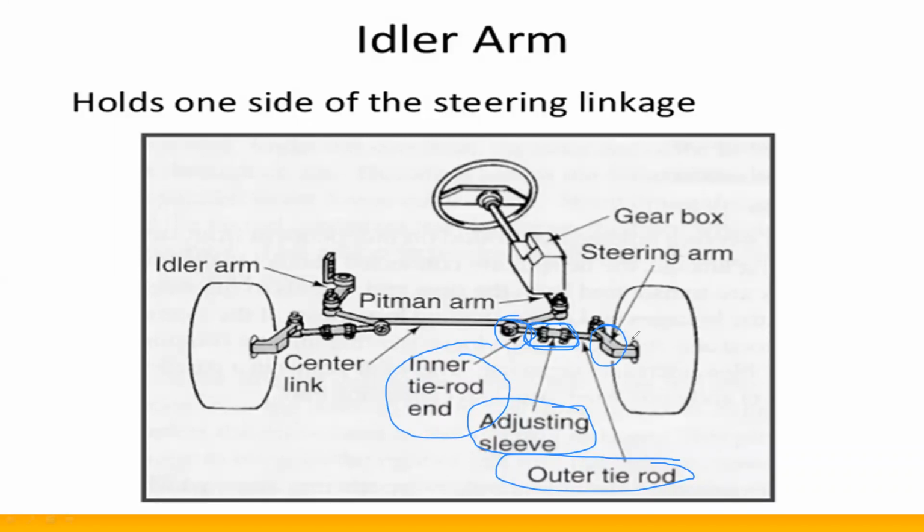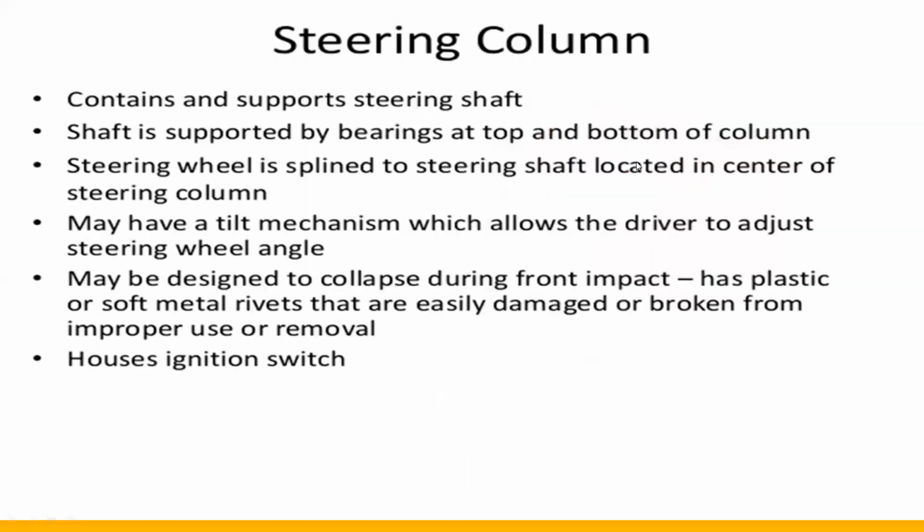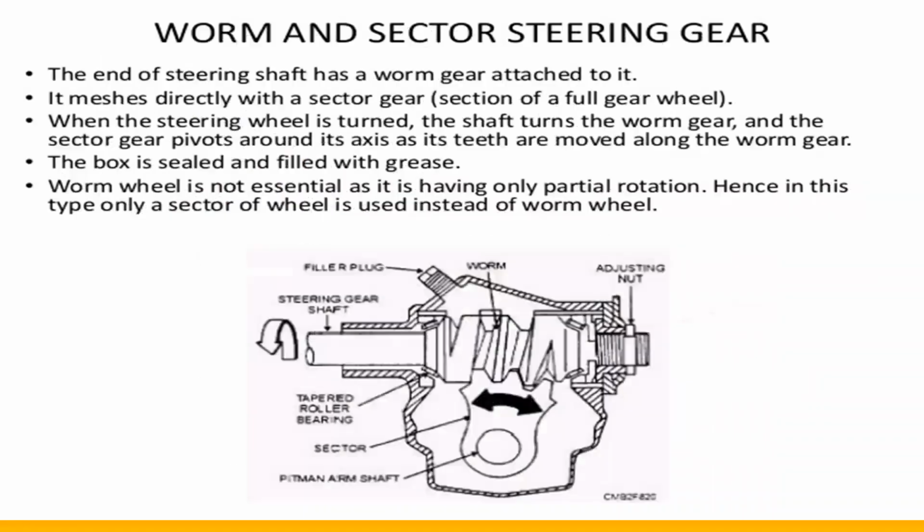So the steering arm is connected to the outer tie rod end and wheel of the automobile vehicle. And next one, steering knuckles. I will show another diagram of this steering system. Steering knuckles.